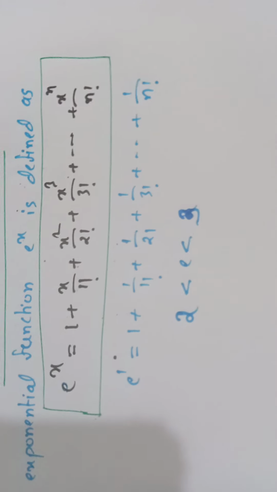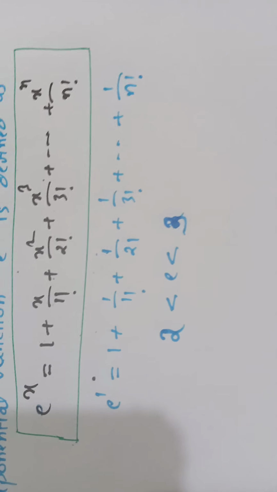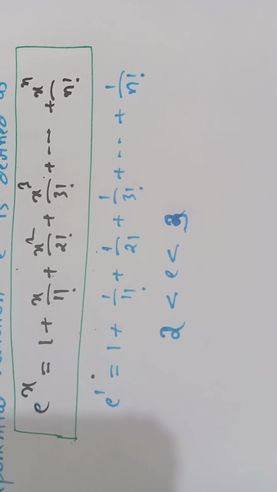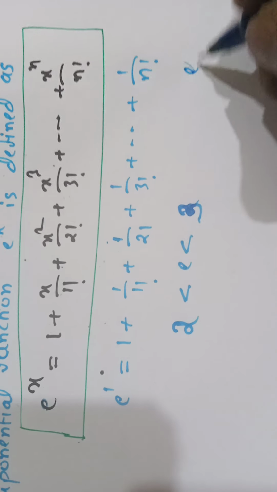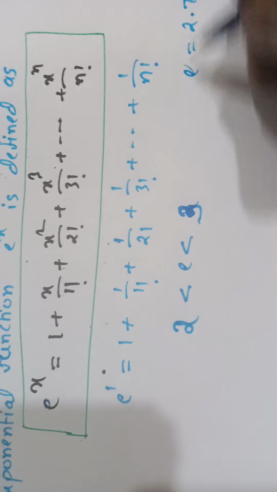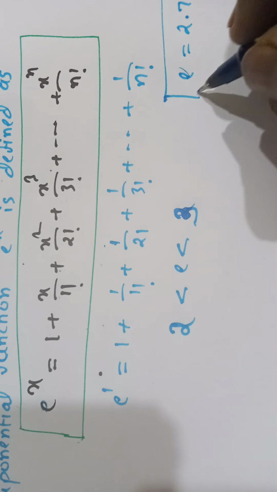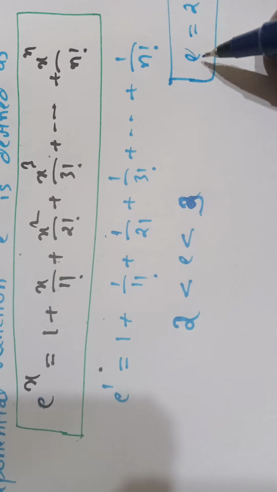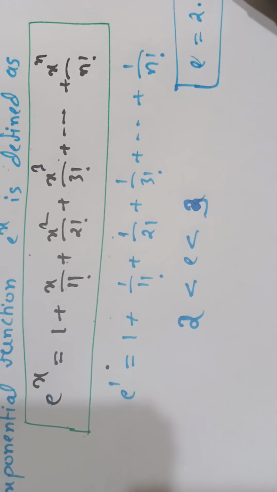Okay now, this e we call the exponential number. Its value is 2.713. So instead of writing the number 2.713, you can use the letter e. Actually the value of e is never equal to 2.713.